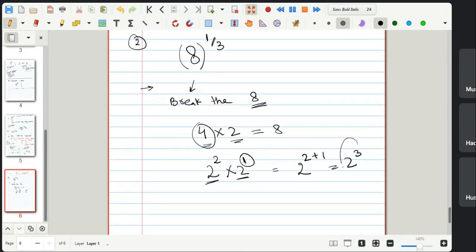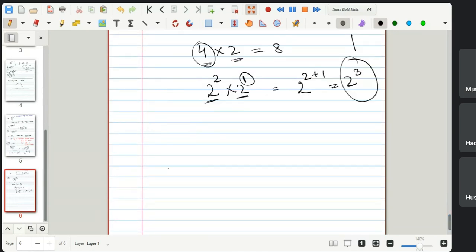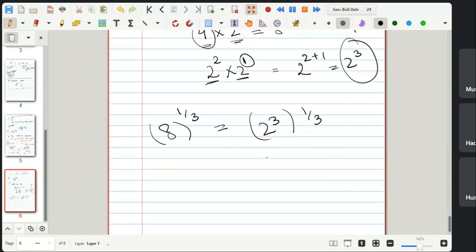Now we can replace 8 by 2 to the power 3. So 8 to the power 1/3 is equal to 2 to the power 3 times 1/3. The 3 and 3 cancel, and we get 2. This is all about the exponent.